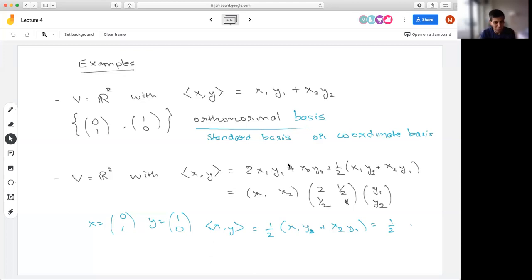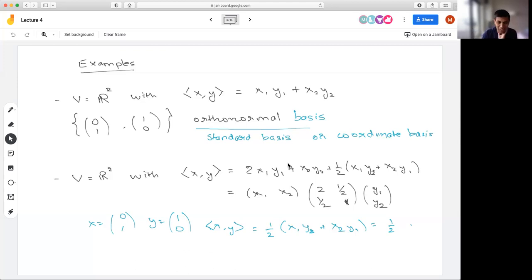It's not obvious how to immediately find vectors which are orthonormal now under this inner product, or maybe it is obvious to someone, but it's not obvious to me. What we will see is that there is a generic way of starting with linearly independent vectors and creating orthonormal ones.